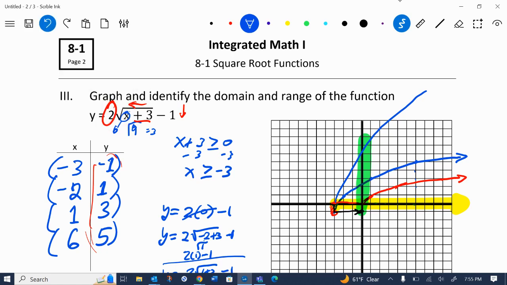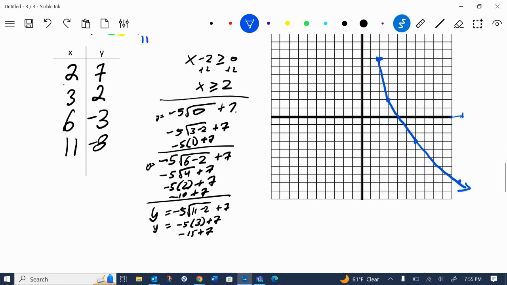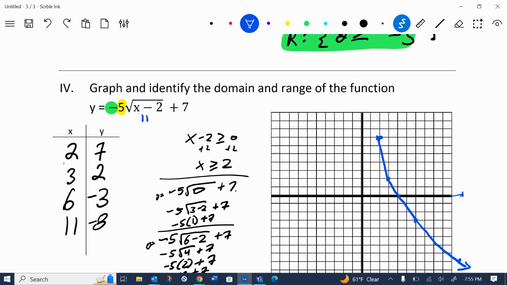So it actually does make sense based upon the idea that the negative would flip it over the x-axis in a way. Or no, it's not over the x-axis. Instead of the x-axis, wherever that first point is, that horizontal line becomes the axis for this. So if that had been a plus 5, we would have been going up like this.